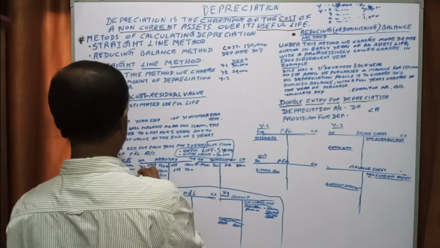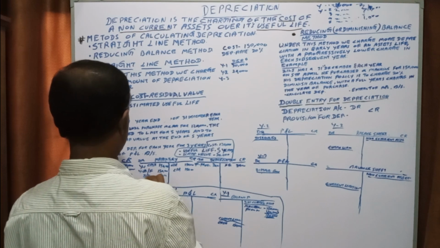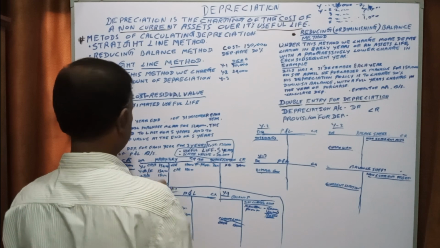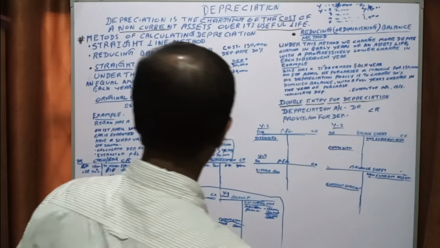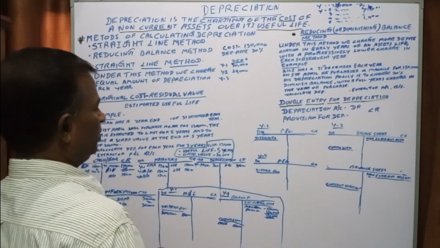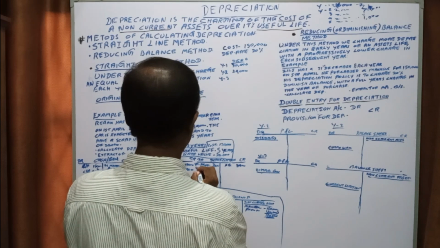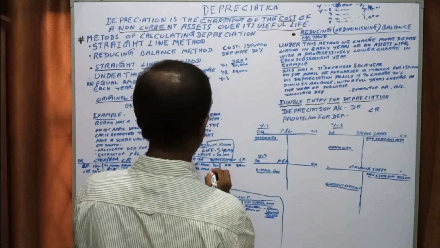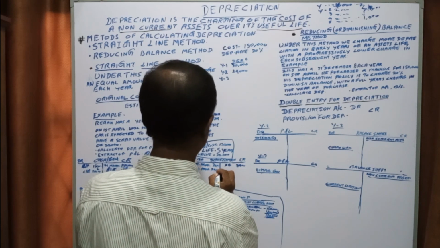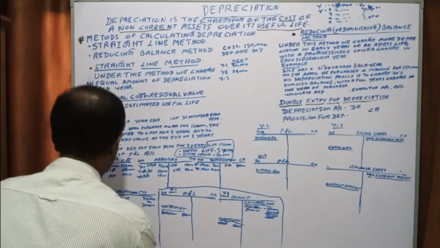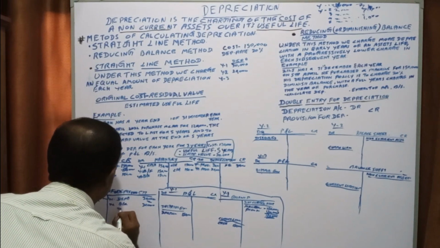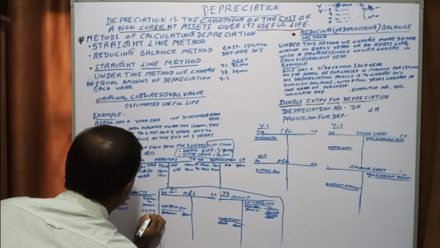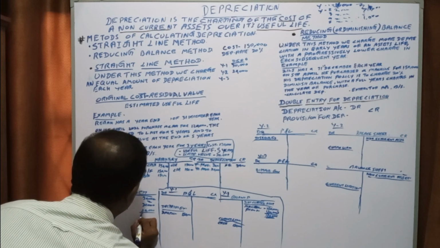Year 2, this is year 3, right? In depreciation, we are going to charge a depreciation for year 2, 24,000. Provision 24,000. Depreciation 24,000. In balance sheet 54,000.